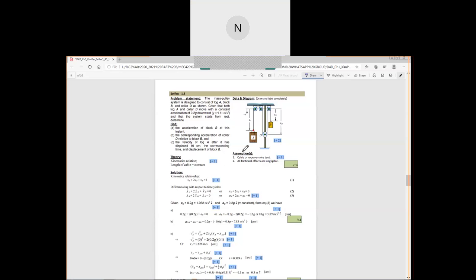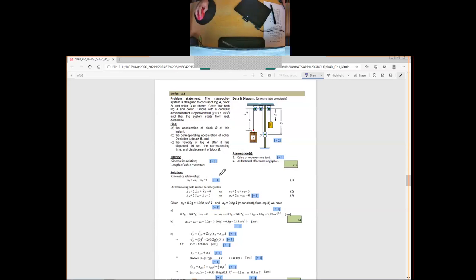What we are doing here actually, first you have two equations. One is the length of the rope, the total length of the rope. Look at here, the datum. Like what I did just now, he takes it at the pulley so he can get the total length of the rope. So XA is the length from here to here. You can see here, XA from block A to the pulley. And then what is XB from the pulley. Then you have XD.